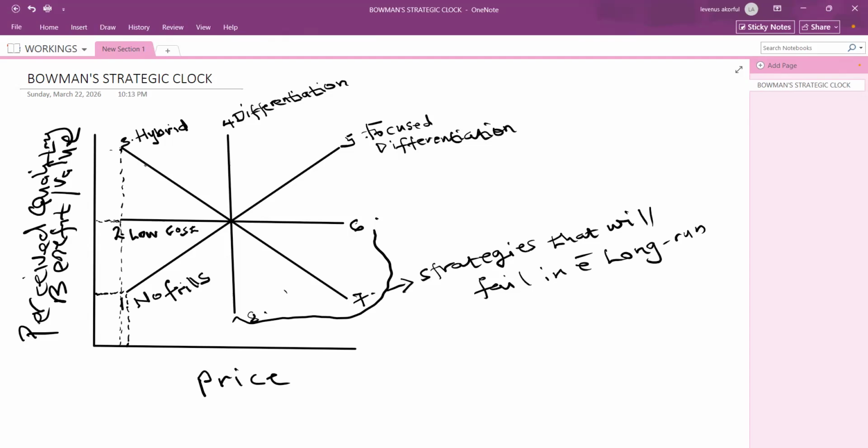You see, this is the average quality, and so they are producing above average. So this is also a strategy where you produce at an above average quality, but you sell it at a below average price.